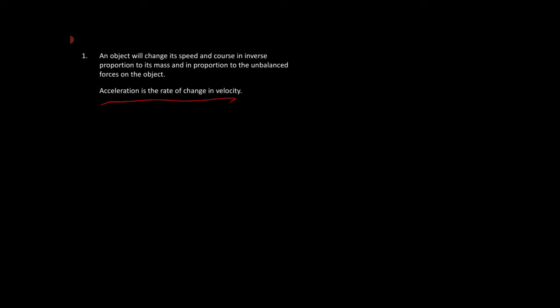So what does this mean? Well, if we have an acceleration a, it's resisted by the mass, that's 1 over m, the mass of the object. That's your acceleration. And then it is directly proportional to the sum of the forces.